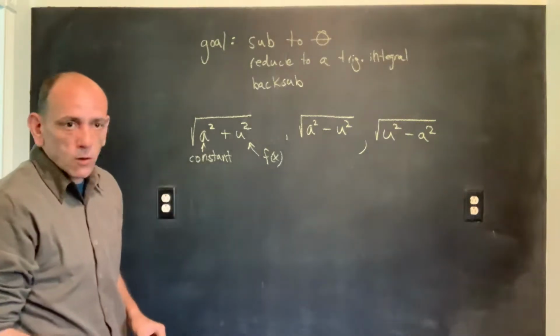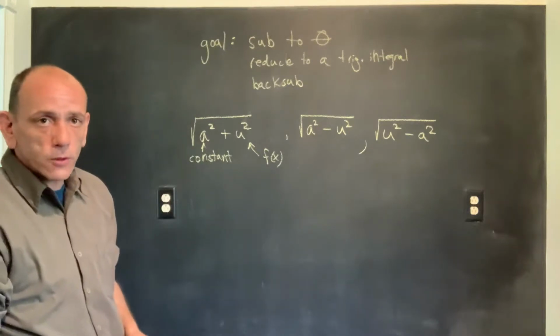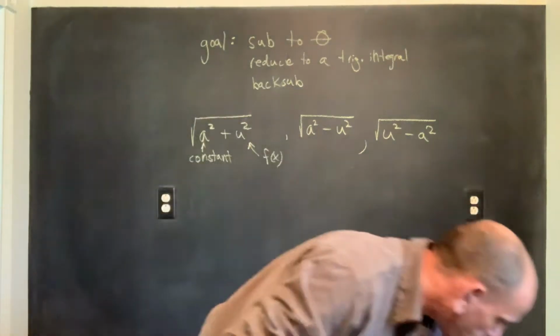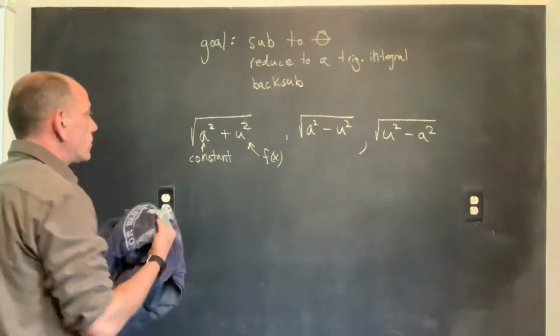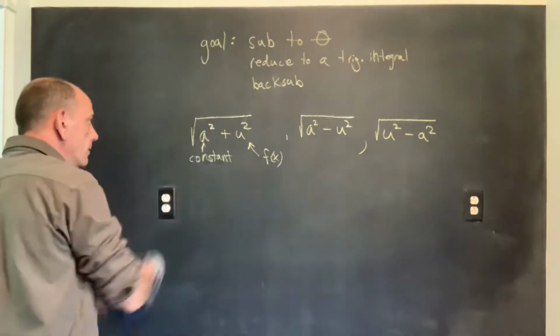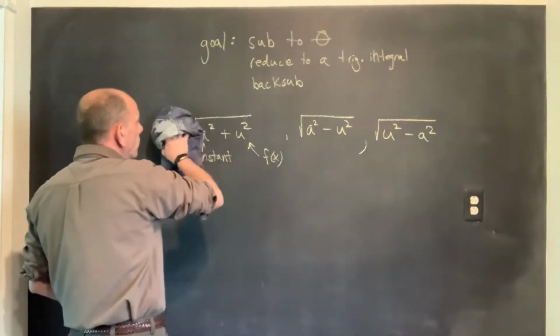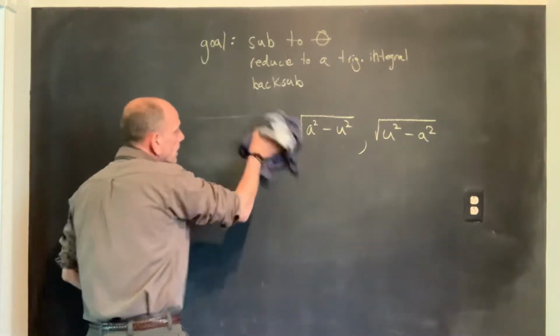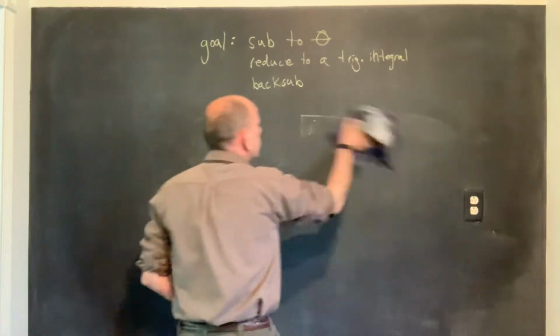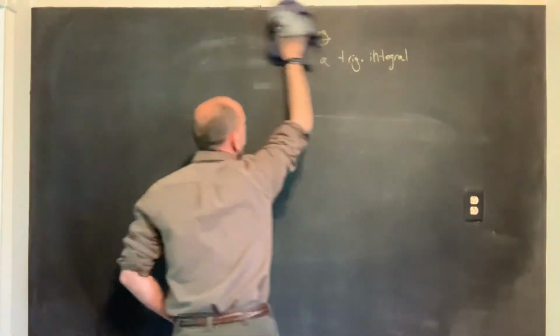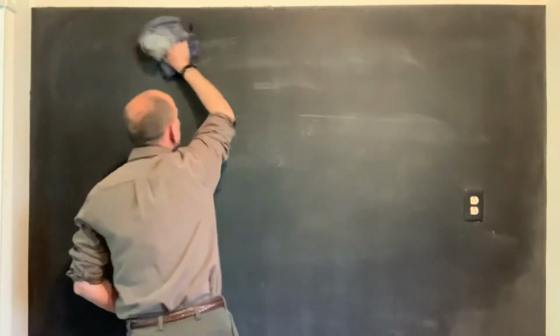And so this is more a general tool for dealing with those types of things. So that's what trig substitution is for, integrating these types of structures. And our goal is to sub into theta, reduce it to a trig integral, do our integration, and then back sub.